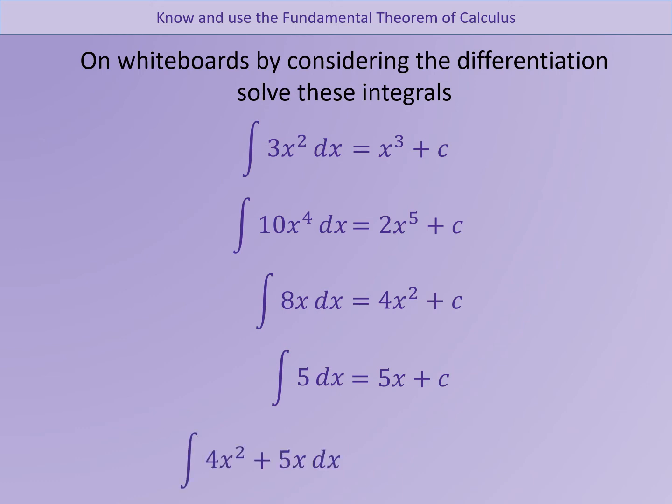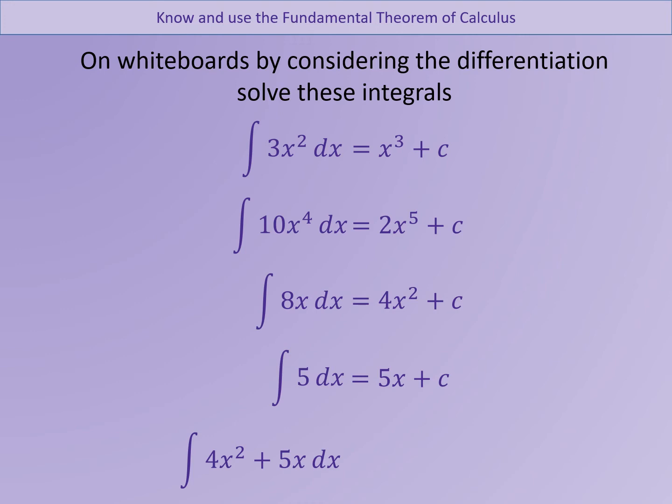So if I ask you now to finish these off by integrating using that rule, this final expression, what would be the integral of 4x squared plus 5x? Okay, so I'm not having to use trial and error now. I'm going to use that method that I've just looked at.